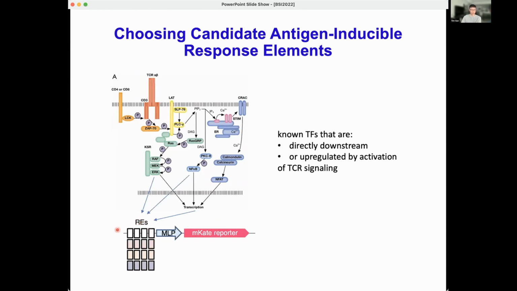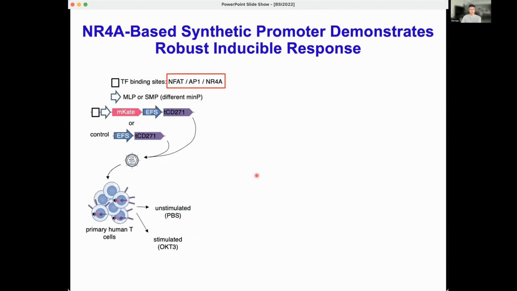So we cloned several of these response elements, again with a minimal promoter and a fluorescent reporter, to test which ones can be antigen-inducible. Long story short, we narrowed down to 2 candidates that we want to study in comparison to the standard NFAT: AP-1, which is a well-known transcription factor that's downstream of T-cell activation, as well as NR4A, which has not been really tested very much in the literature.